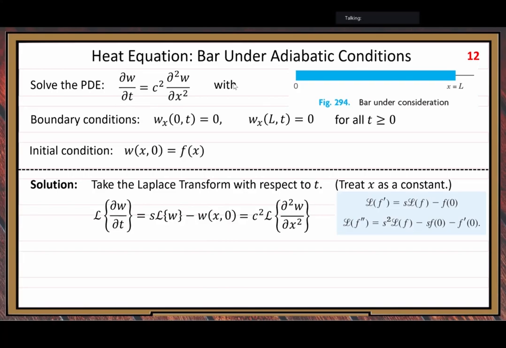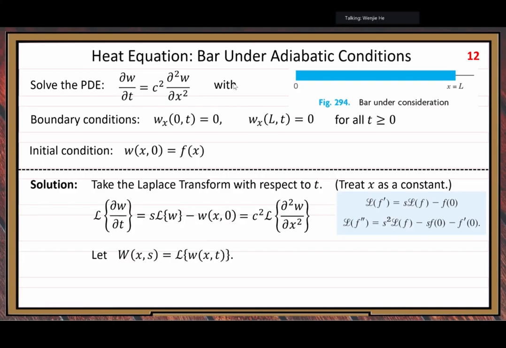Remember to interchange integration and differentiation: integration for the Laplace transform, differentiation for the partial derivative.